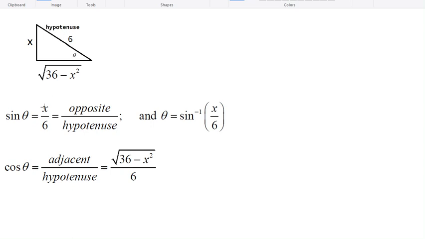So sine of theta is x over 6, cosine of theta is the square root of 36 minus x squared divided by 6, and theta is sine inverse of x divided by 6.